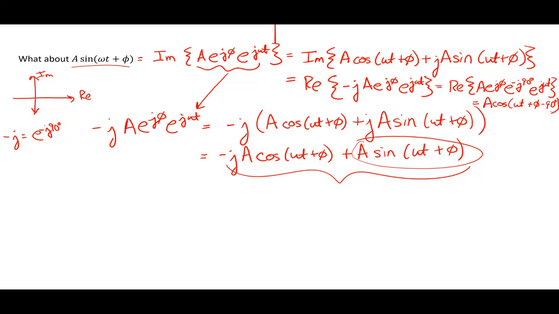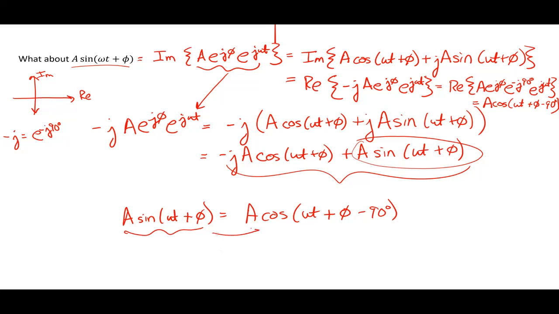Okay, so essentially what it's saying is I can take a sine(omega t + phi) and express it as a cosine(omega t + phi - 90 degrees). So this idea that a sine function is essentially a rotation of the cosine function.